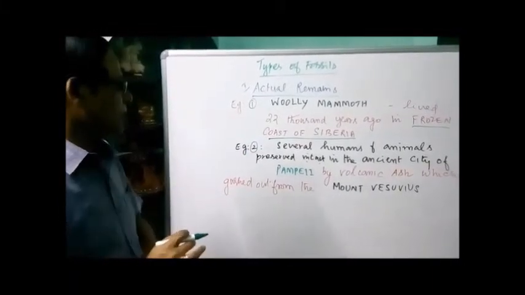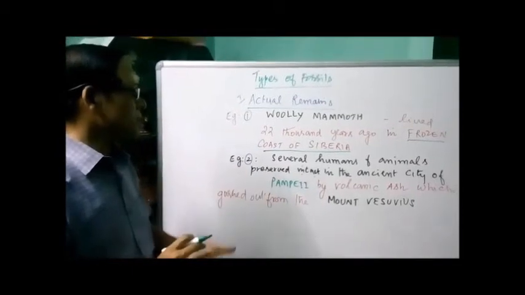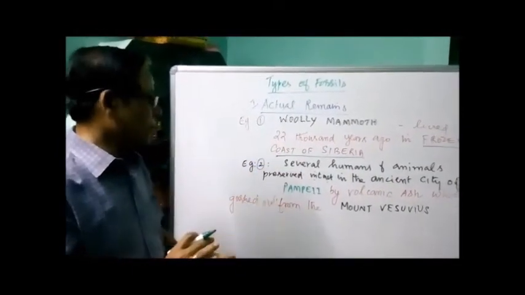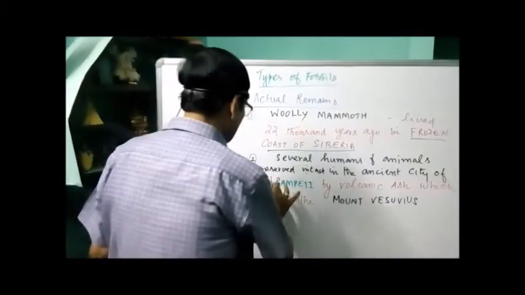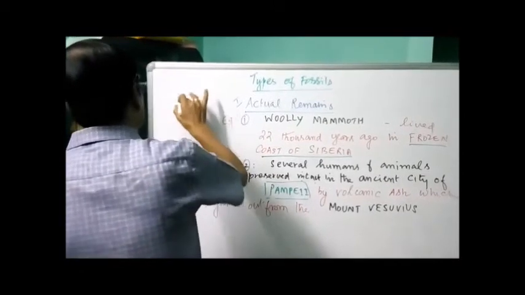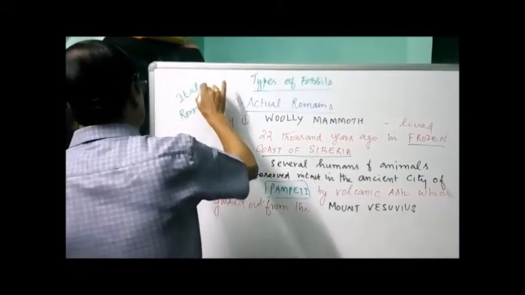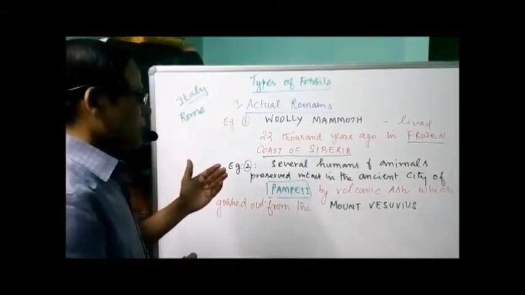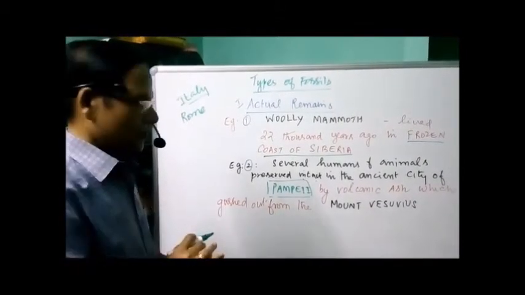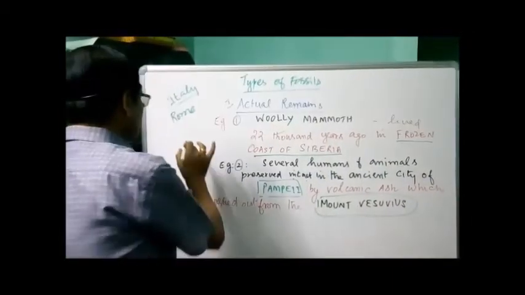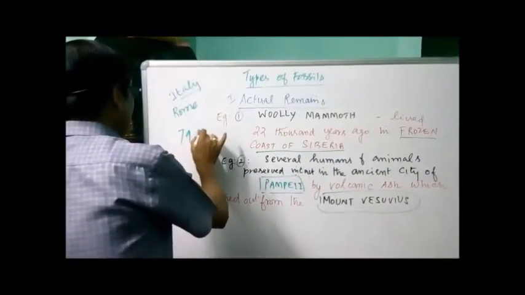The second one: several humans and animals preserved intact in the ancient city of Pompeii. This is a city in Italy. There was a volcanic eruption from Mount Vesuvius in 79 AD.